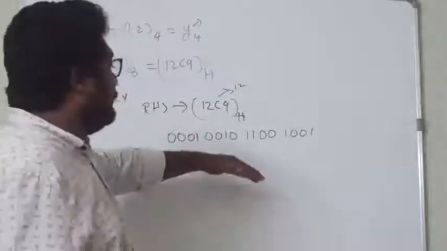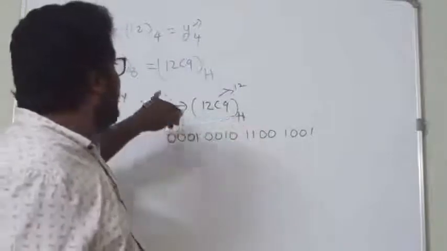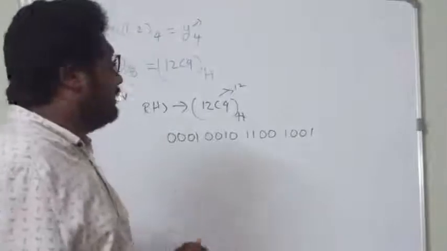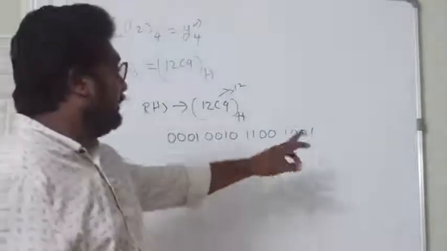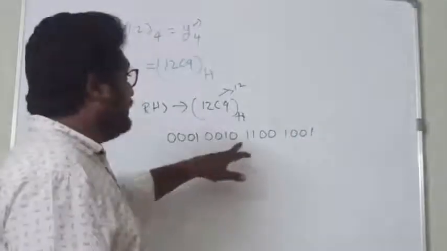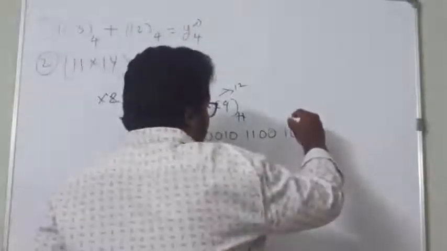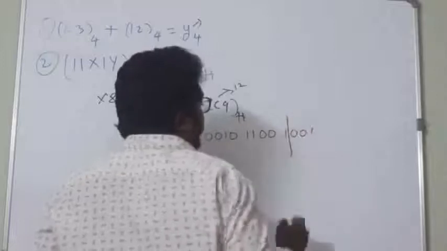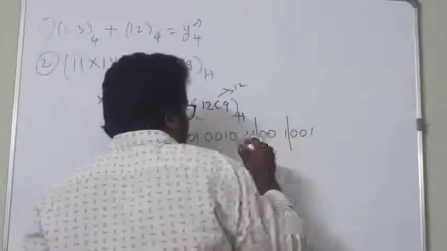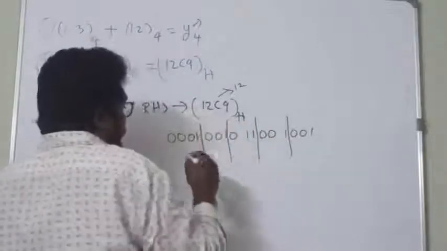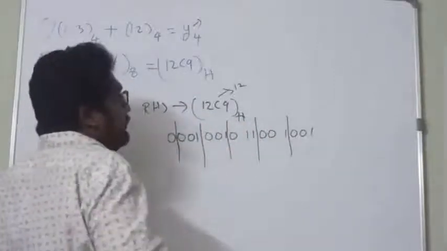The second step is that we have to form 3-digit groups of this binary number. So here I am forming the 3-digit groups. 001 is one group, 001 is another group, 011 is one group, 001 is one group, 001 is one group.